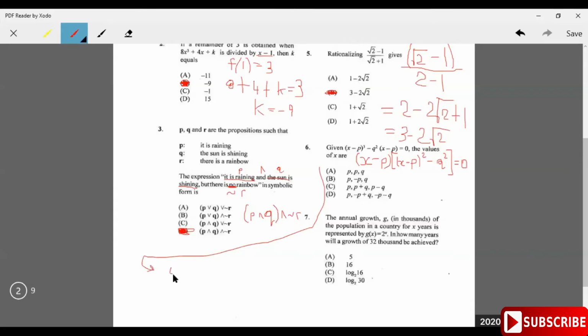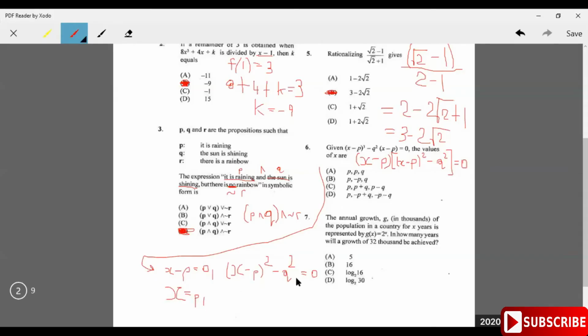What we're then saying is either x minus p is equal to 0, or x minus p all squared minus q squared is equal to 0. So if x minus p is equal to 0, then x must be equal to p as one possible solution.